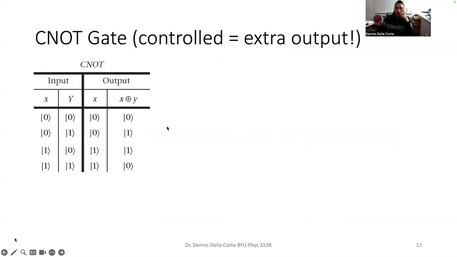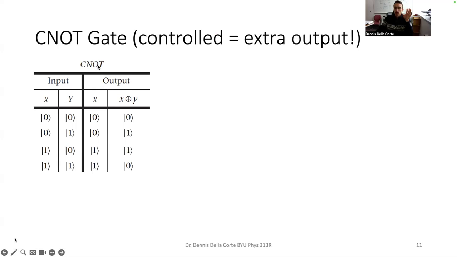Okay, great. So let's look at the CNOT gate. That is the controlled NOT gate, controlled because we have not only the Y that we want to flip around, but we also have this control bit added, the X at the beginning and the X at the end, which makes it so that the outputs allow us to calculate what happened before.